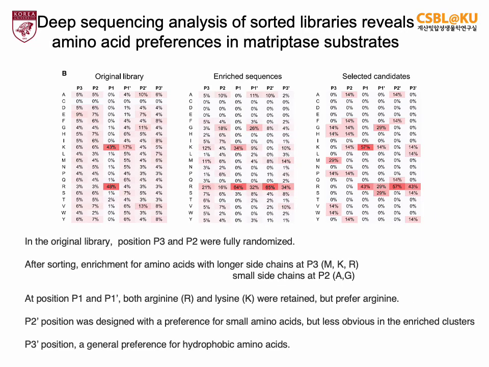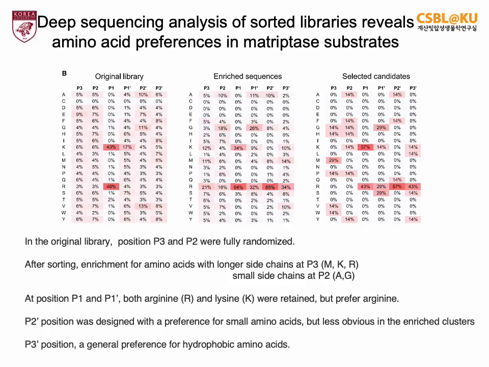The libraries were compared to evaluate the most enriched clusters. The amino acid distribution at each position of the substrate is shown in Figure B, with percentage indicating the frequency of each amino acid in these positions. In the original library, positions P3 and P2 were fully randomized.